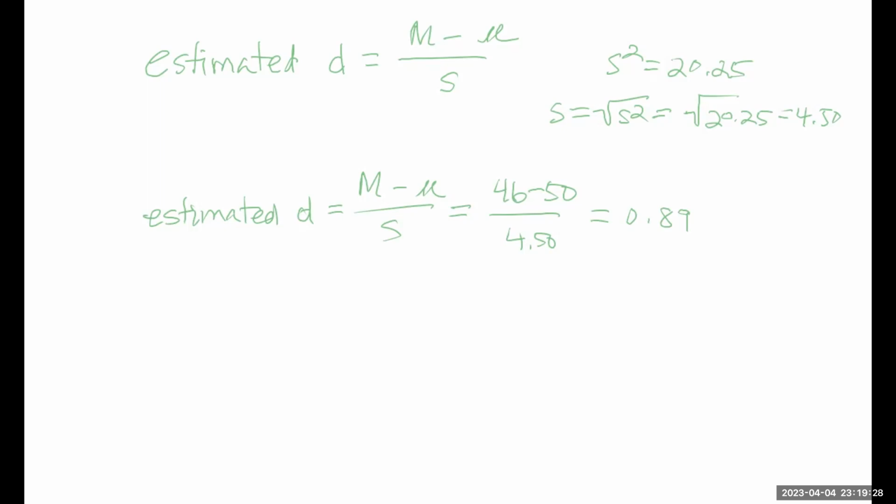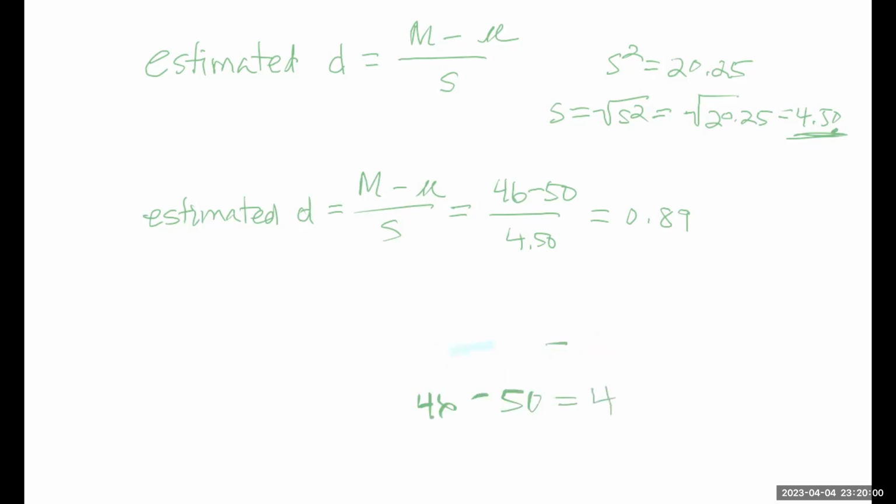And you can see that depicted in the chart that we just looked at, because the standard deviation is 4.5, so 1 standard deviation is 4.5. And the difference between the sample mean and the population mean is 4, so that's 46 minus 50 equals 4.